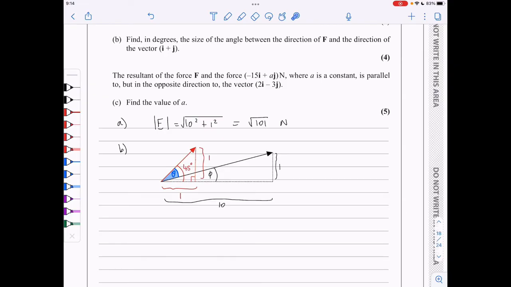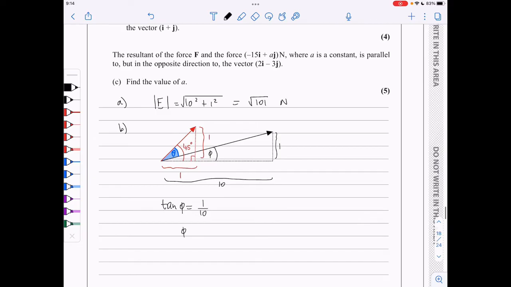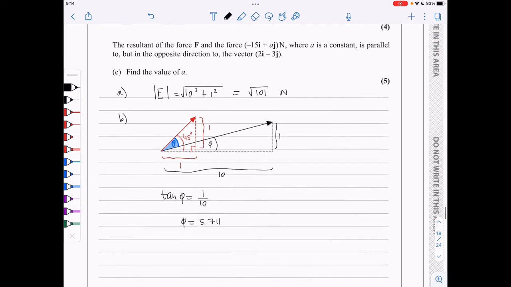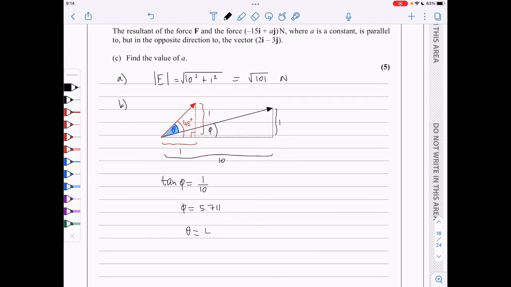We want to find the angle between the two vectors, so we want to find theta here, which is just going to be 45 minus phi. So tan phi is 1 over 10, which gives me phi to be 5.711, and then theta is just 45 minus 5.711, which is equal to 39.3 degrees.